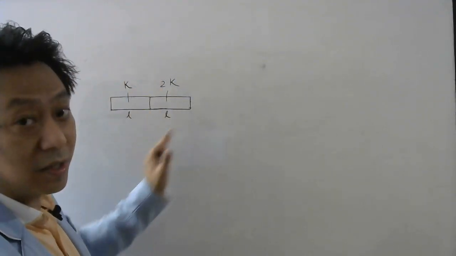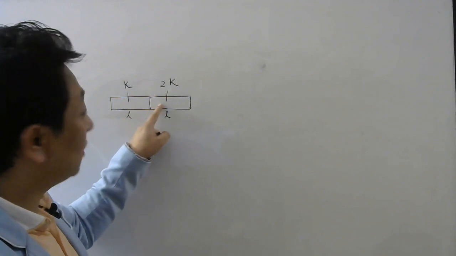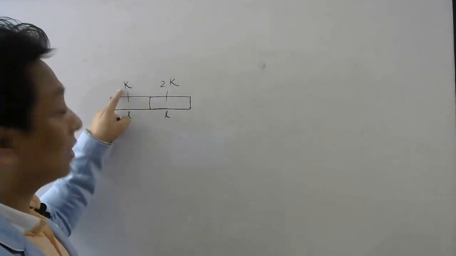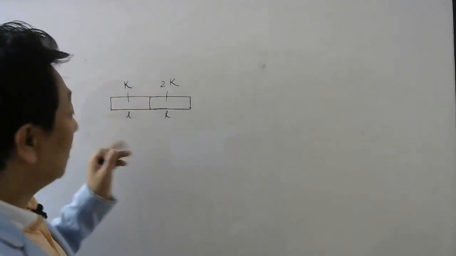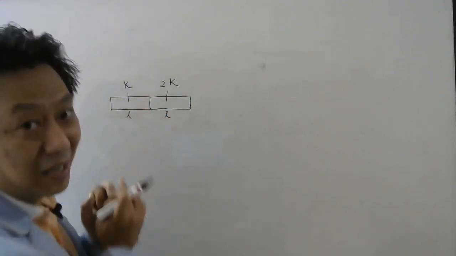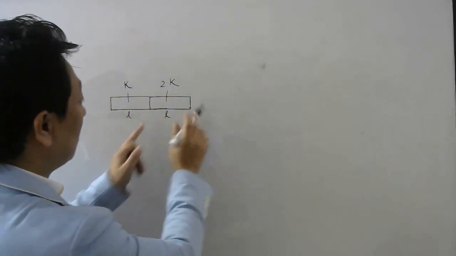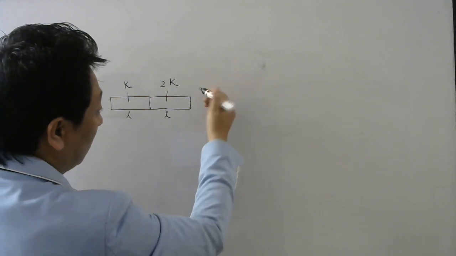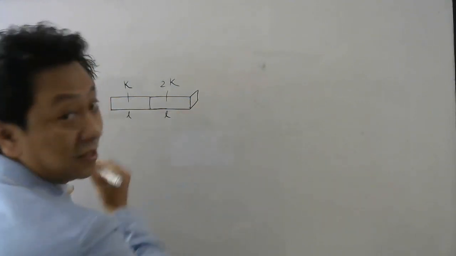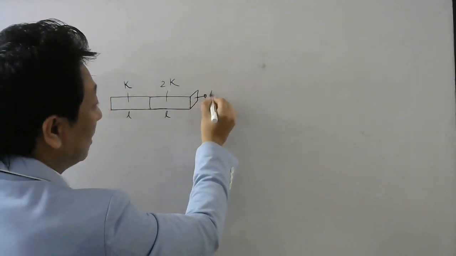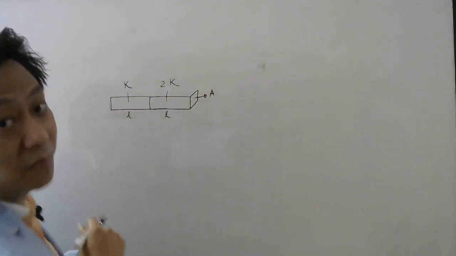So I am showing here the compound slab having two different materials with thermal conductivities K and 2K. They did not mention anything about the length. So I'll assume the length is same, and even the area, when you see from here, it will look like this, right? So that area I am assuming same for both the combination.